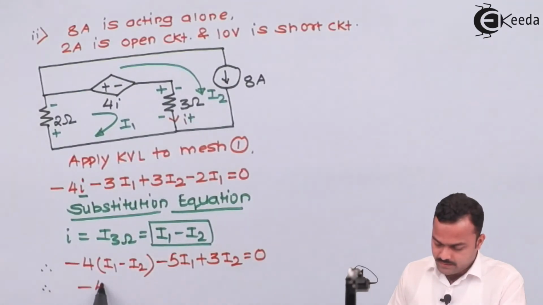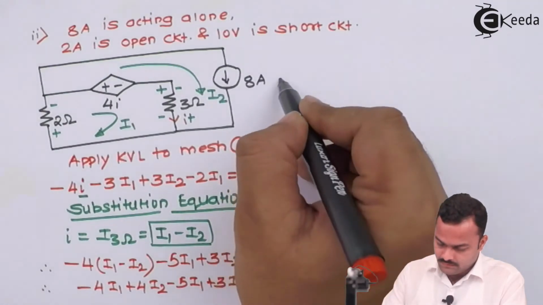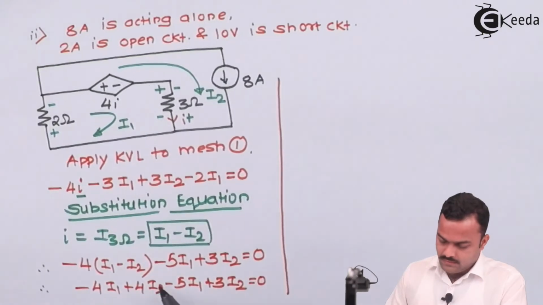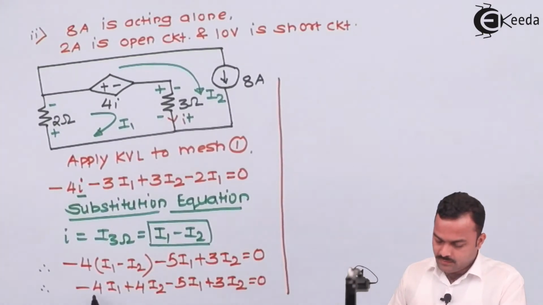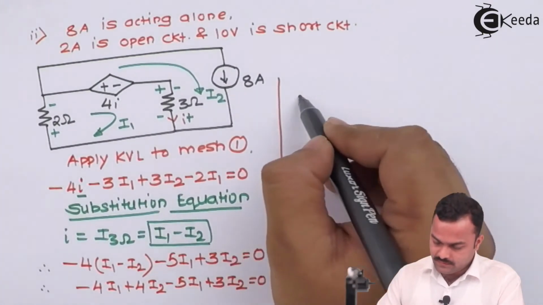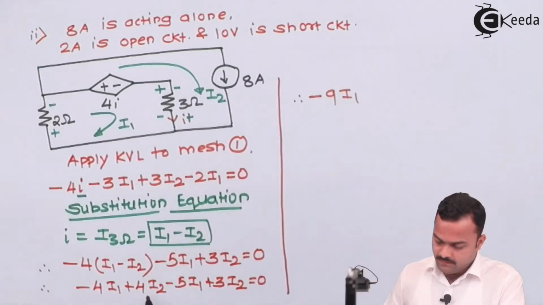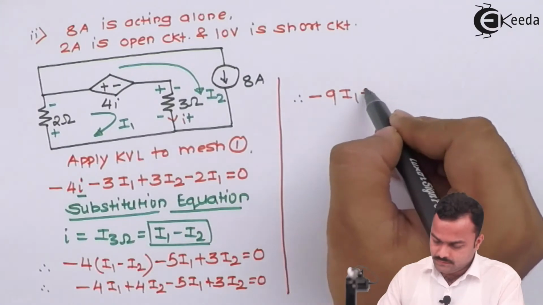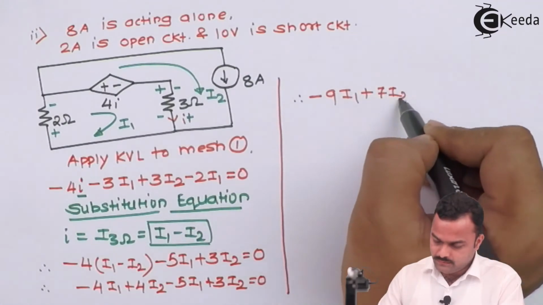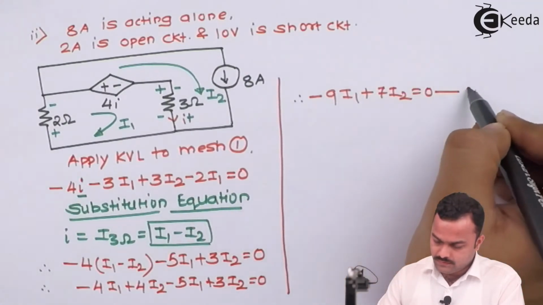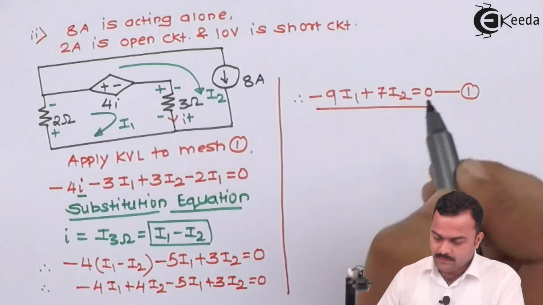After simplifying, minus 4I1 plus 4I2 minus 5I1 plus 3I2 equal to 0. Let's write it properly. So minus 4I1 minus 5I1, I will get minus 9I1, 4I2 plus 3I2, 7I2 equal to 0, equation number 1.